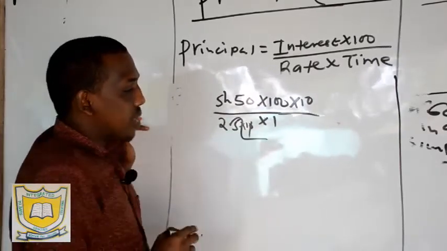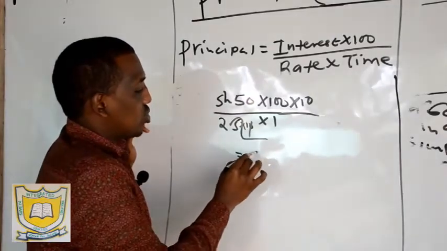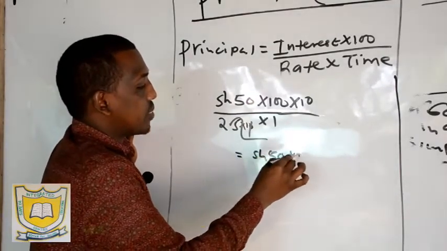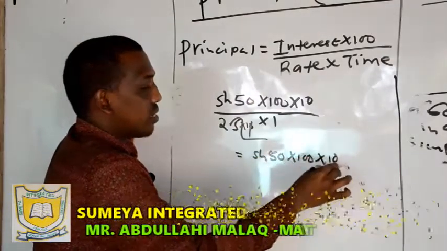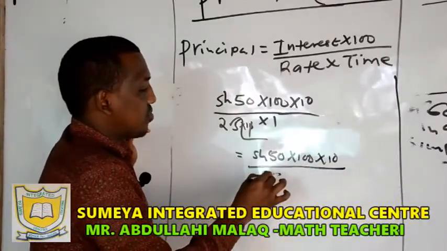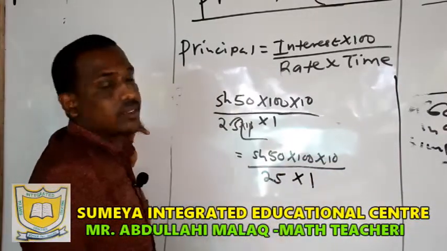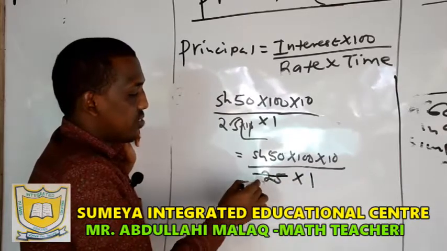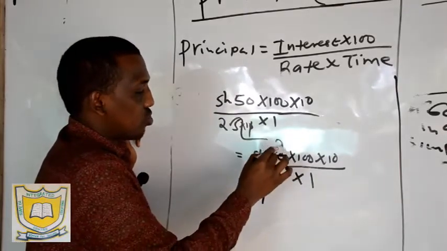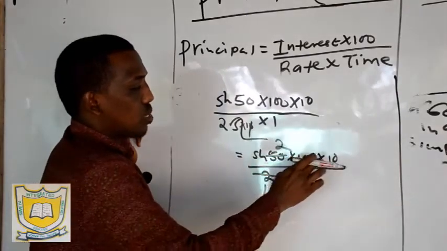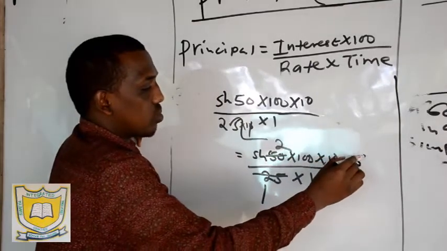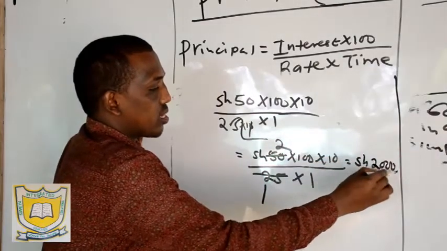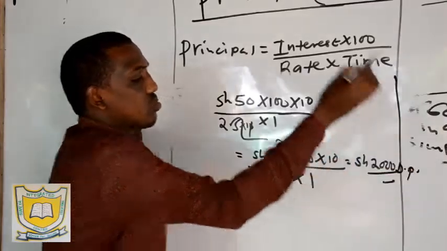So here we remain with 50 times 100 times 10 over 25 multiplied by 1 year. 25 into 50 is 2, so 2 times 100 times 10 gives shillings 2,000. That is the deposit.